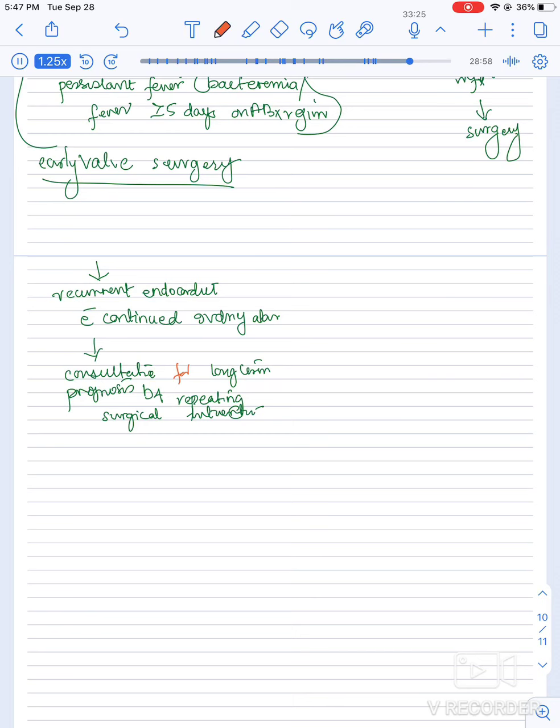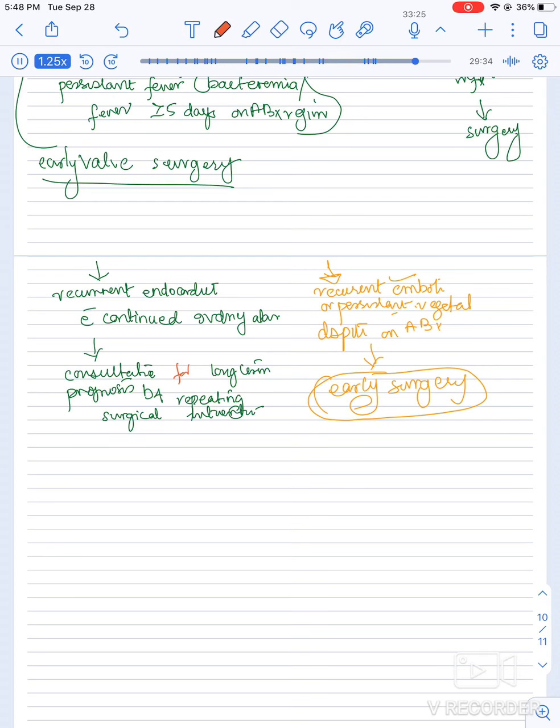Now we'll talk about some class 2A recommendations for consideration of the surgery. So if the patients have recurrent emboli or persistent vegetations despite being on antibiotics appropriately, in these patients you can consider early surgery. It is a class 2A recommendation.